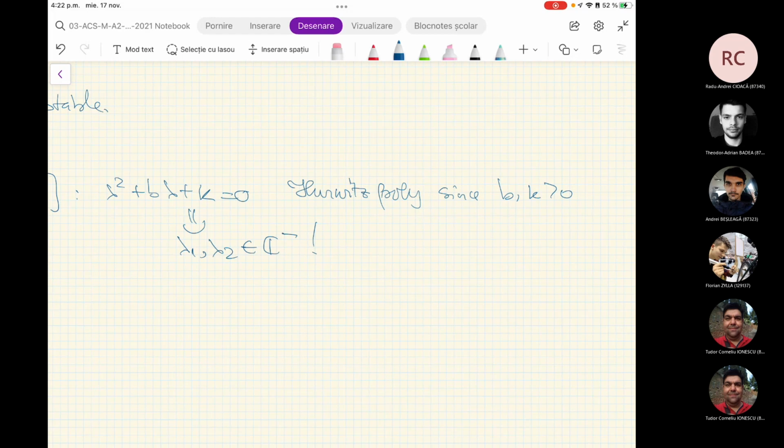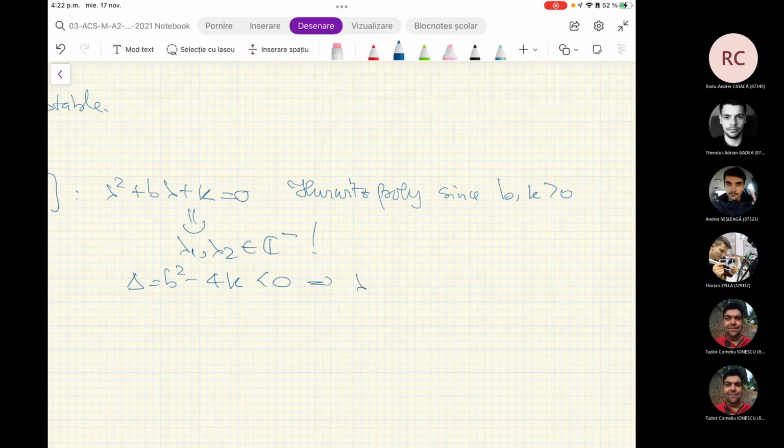lambda 1, 2 in the complex left half plane automatically. Okay? Delta here was b squared minus 4k. True. So assume this is negative because I like the complex conjugated stuff.